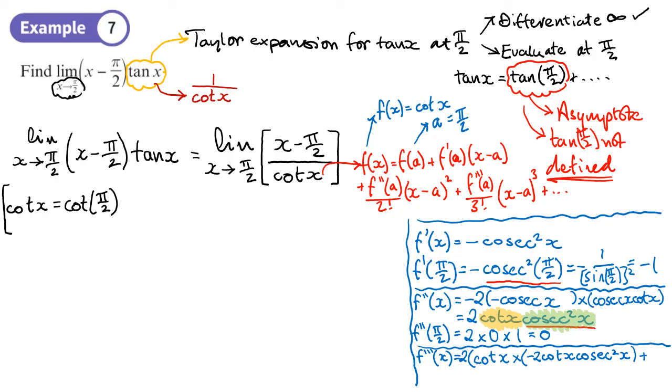Plus, now I want to differentiate 2 cot x, and cot x differentiated is minus cosec squared x. So plus minus cosec squared x times by v, which is just the cosec squared x.